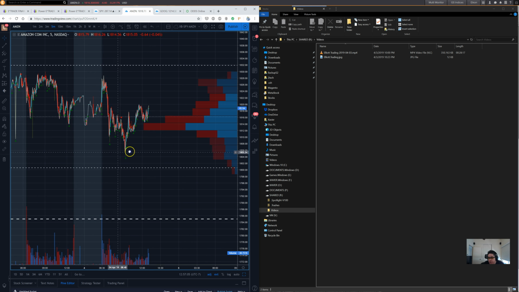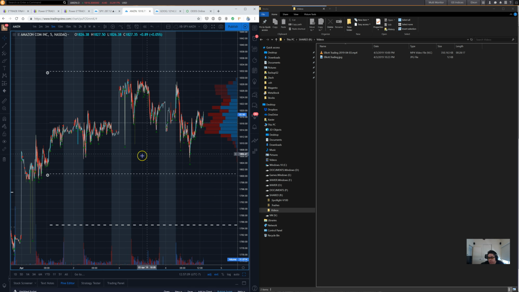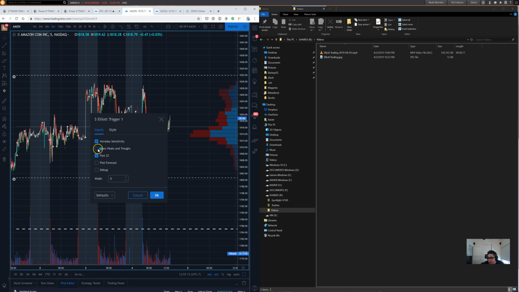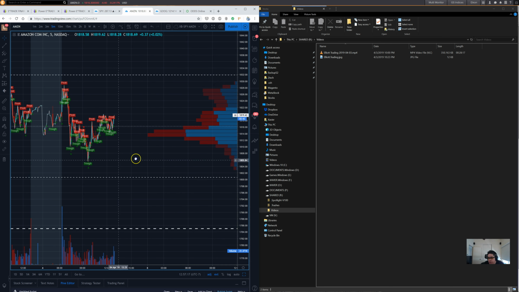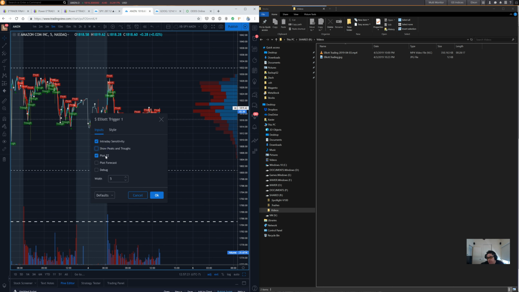What the Elliott indicators do is show you where the peaks and troughs are, and this is really useful. You can plot the different peaks and troughs here. I don't necessarily like doing that on intraday. I like doing that for end of day, and then we have a different sensitivity for intraday.